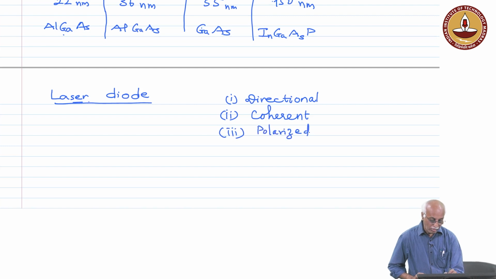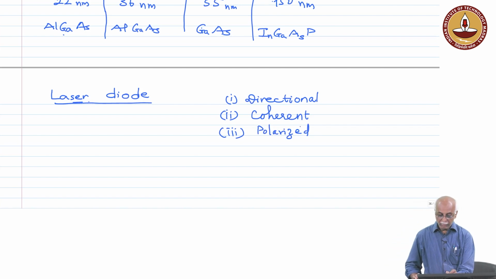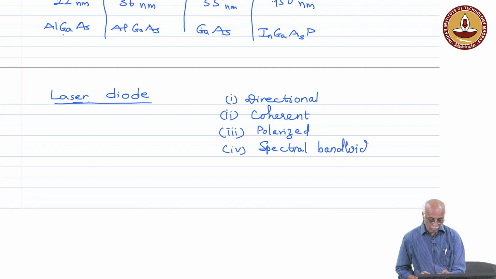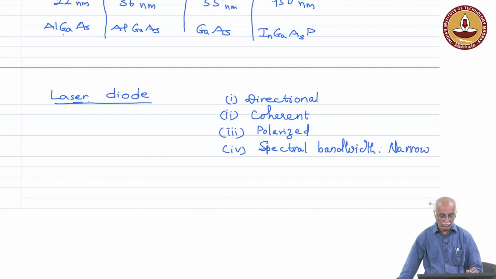Of course, there may be some variation, but more or less, and it has a narrow bandwidth. Spectral bandwidth is narrow as compared to the light emitting diodes.